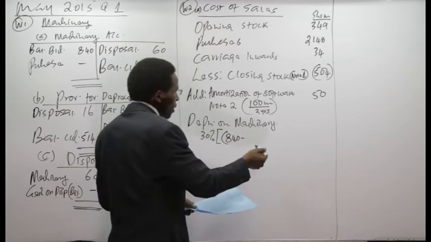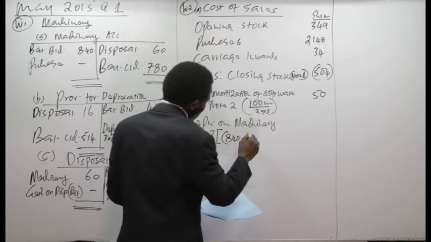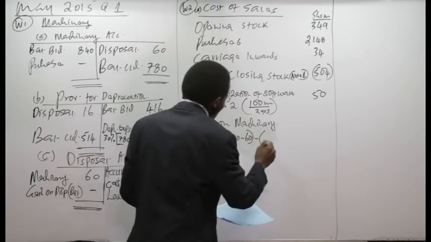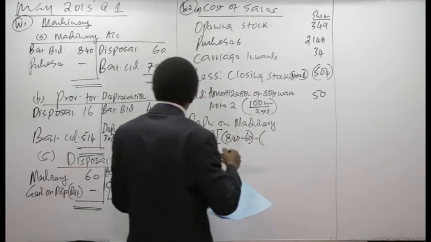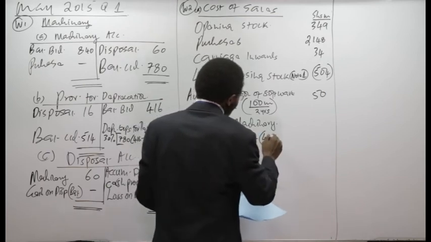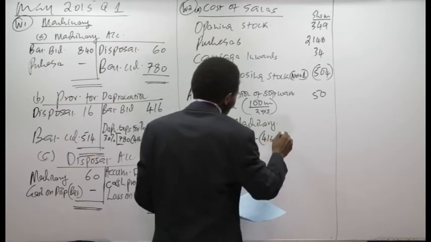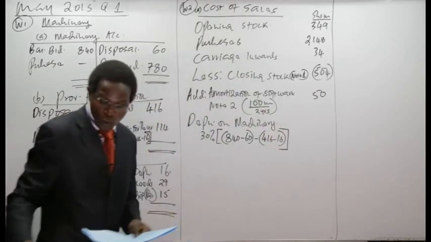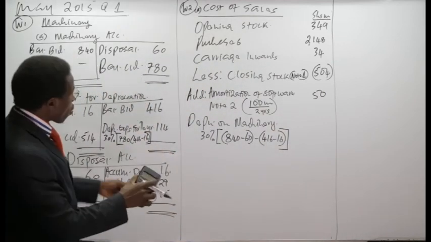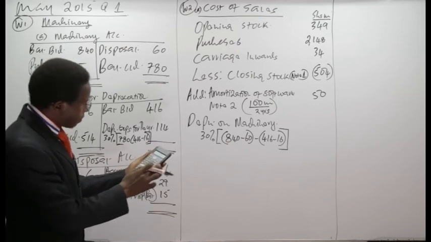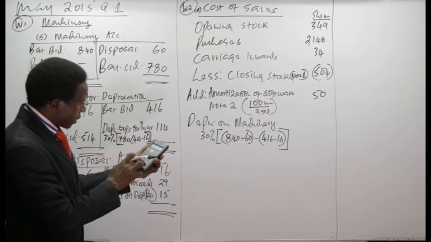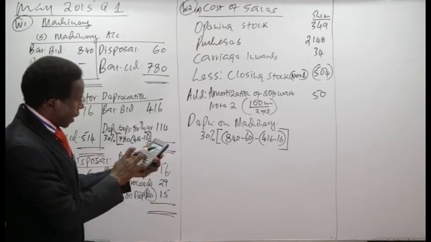I subtract the one that we disposed of, that's 60. Then I subtract accumulated depreciation, which in this case will be the 416 minus the 16. That's what we could have done. Instead of doing all this, we could have just simply said 840 minus 60 minus 416.